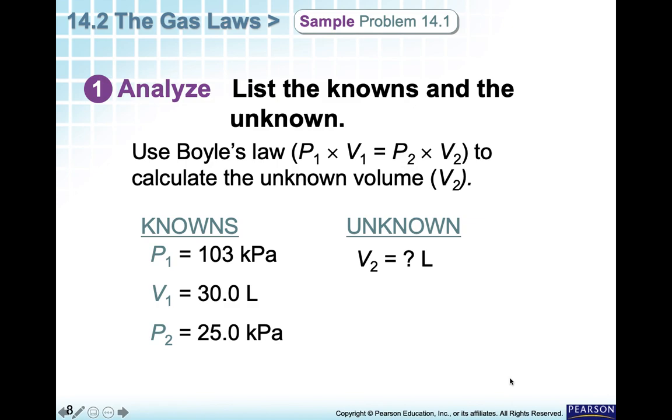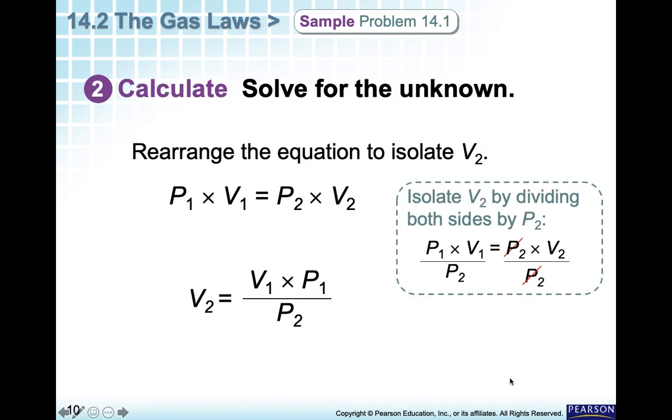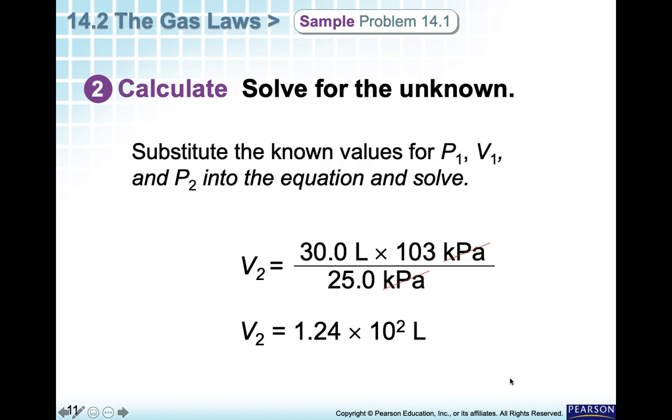So you would rearrange this formula, solving for V2. So V2 will equal V1 times P1 divided by P2. And then we can substitute in our variables and we get that the new volume is 124 liters.